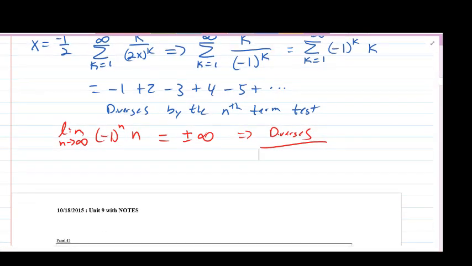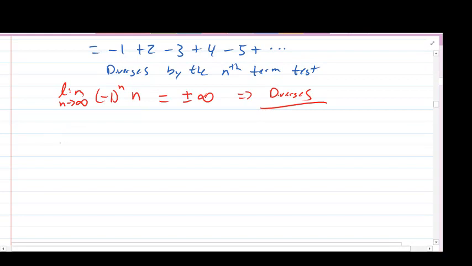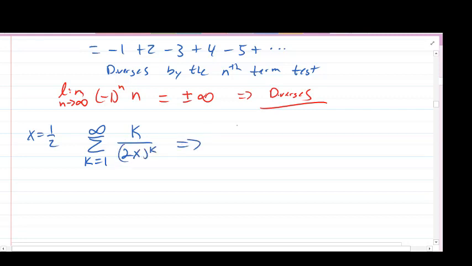Let's see what happens with x is equal to 1/2. So the summation as k goes from 1 to infinity of k over 2x to the k at x is equal to 1/2. That's going to give me the summation as k goes from 1 to infinity of k over 1 to the k, which is what?